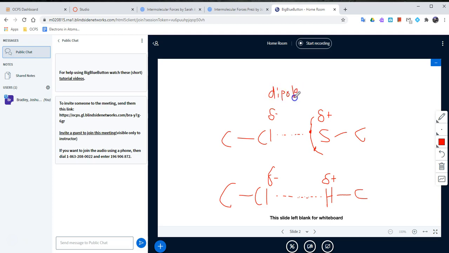The dipole bond kind of has a shield in between from making it as strong as possible, whereas the hydrogen bond has no shield. And the reason for that is just because hydrogen's electron is in here, okay? It doesn't have an electron cloud in between. Therefore, it's going to form a stronger bond, okay?